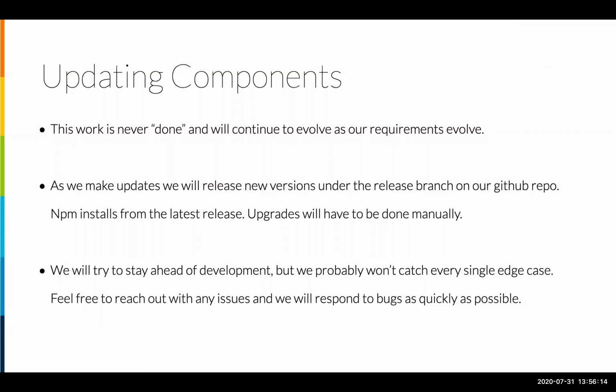So, Robert, can I ask you a quick question? Yeah, of course. So if you are changing these components, updating them, is there a versioning system that we use? Yes. We have to start nailing down our versioning system. Right now, we don't have it completely fleshed out. But the idea would be that the specific version would be in the project lock file. So updates are not done automatically.